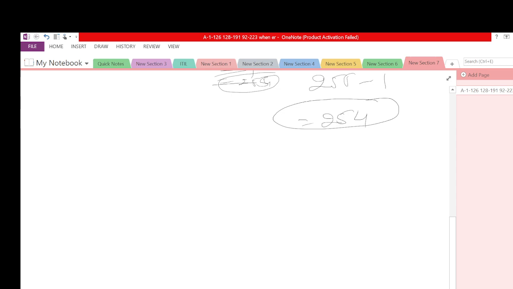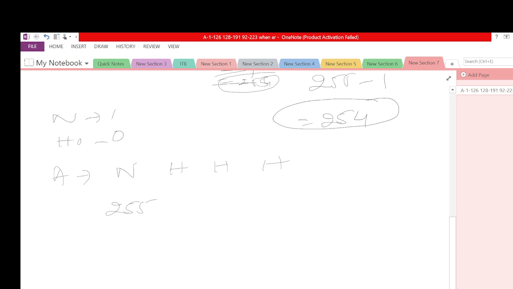Class A is first octet network, then H H H. So N means 1, H means 0. For the formula I have just calculated, if I put 1 1 1 1 1 1 1 1, it is 255 maximum number.